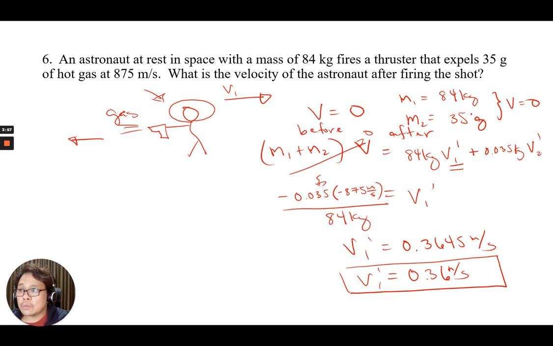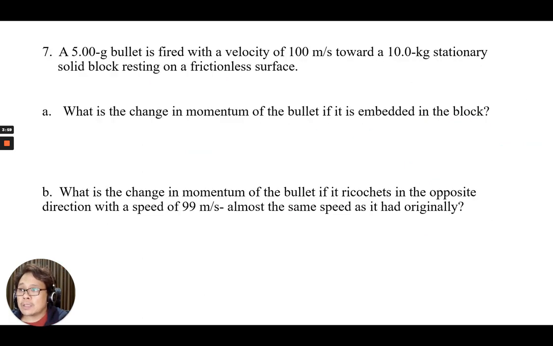Let us go to number 7. Number 7, a 5.0 gram bullet is fired with a velocity of 100 meters per second towards a 10.0 kilogram stationary solid block resting on a frictionless surface. What is the change in momentum of the bullet if it is embedded in the block? Let us illustrate this first.